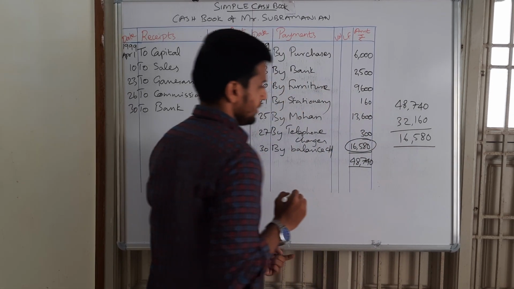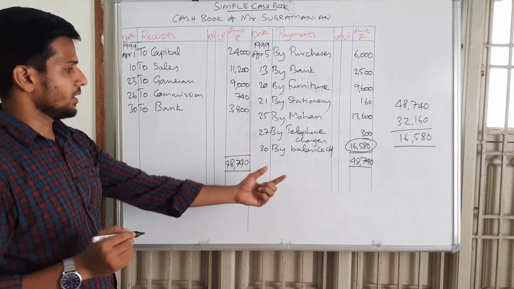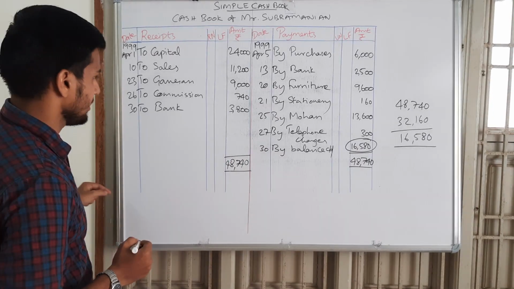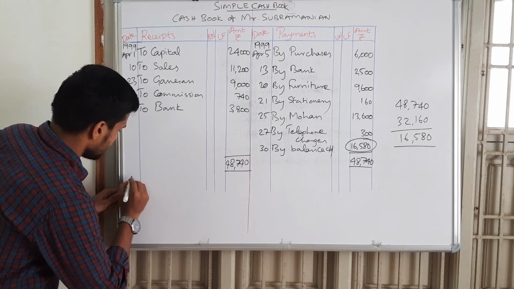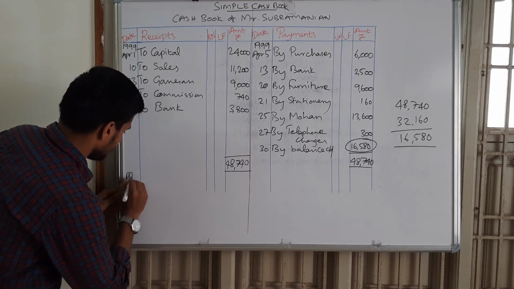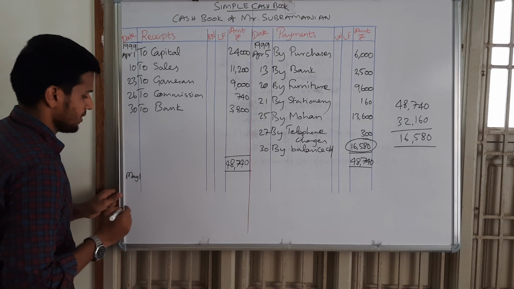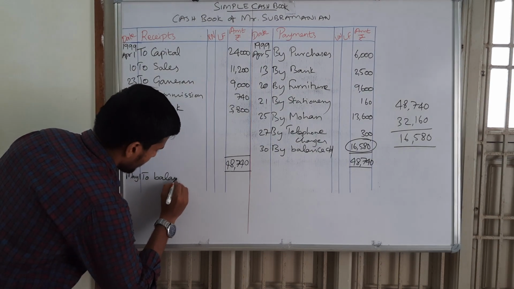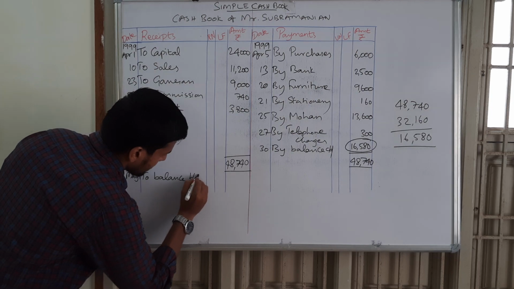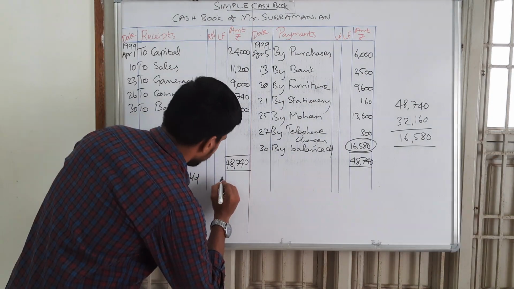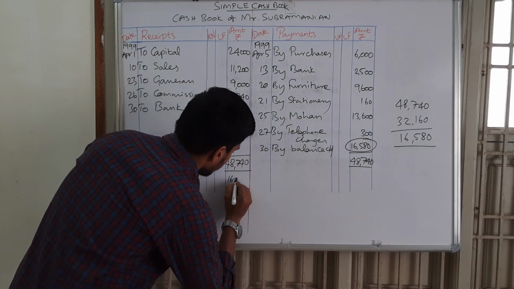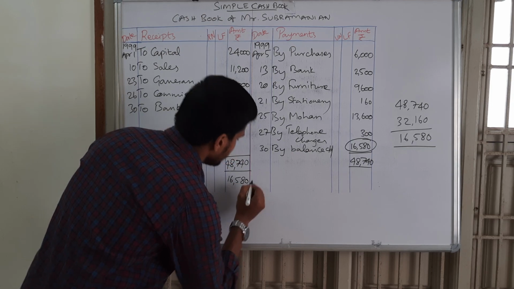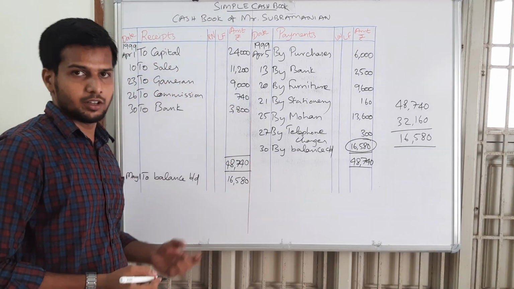So this is the closing balance we found out, and it must be brought down here as May 1, to balance brought down. How much? 16,580 is the opening balance of the next month.